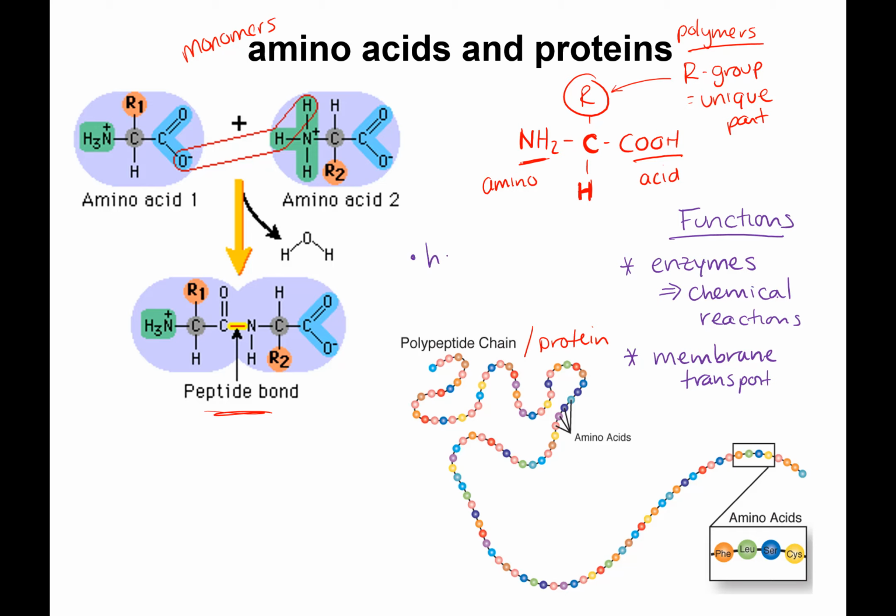There are some proteins that are hormones. So there are lipid hormones, there are protein hormones such as insulin, important in communication in the body. Proteins can be important for structure, such as the cytoskeleton in your cell. So proteins have probably the most diverse functions. I've only listed a few here.